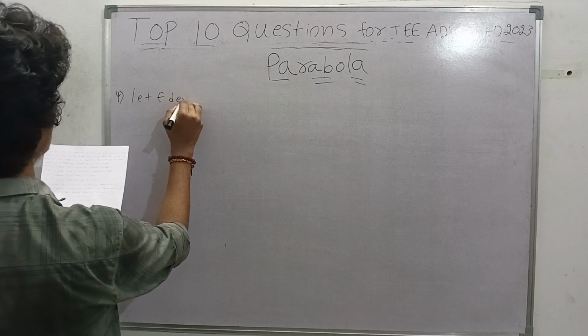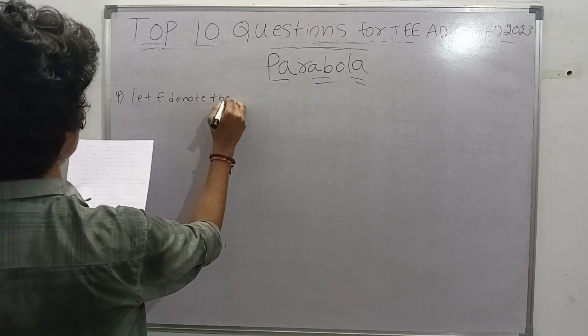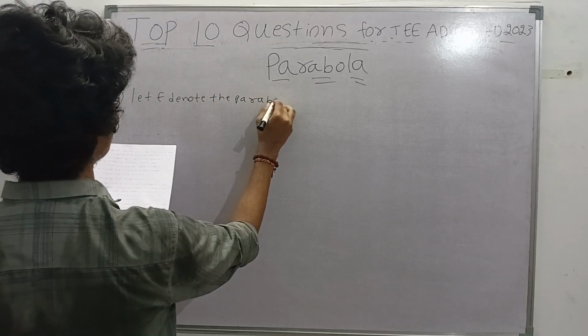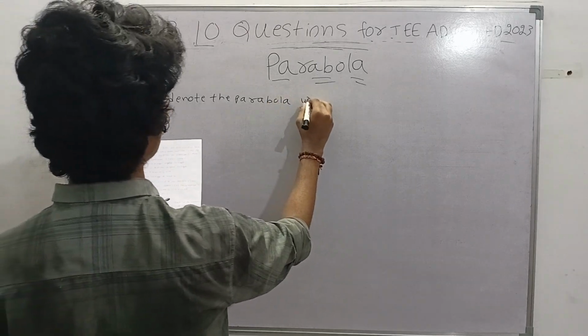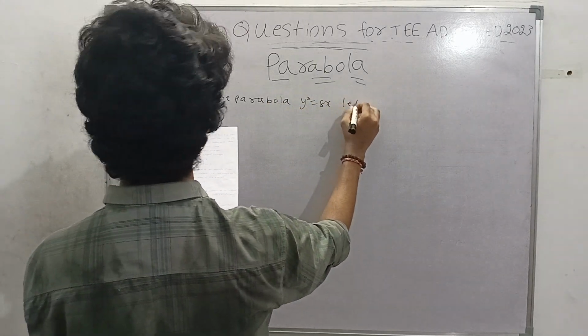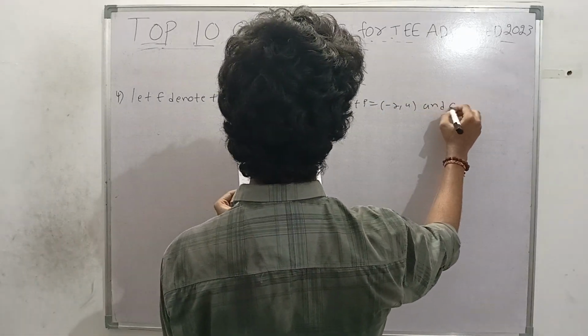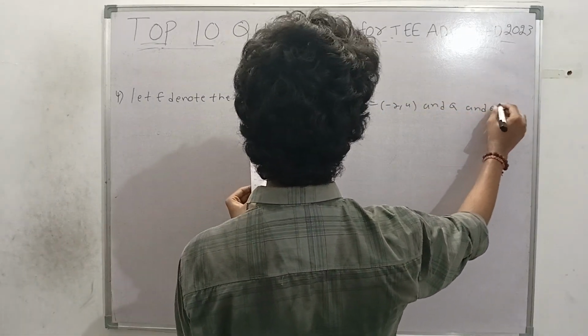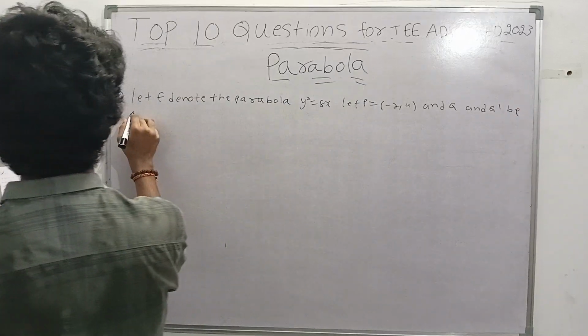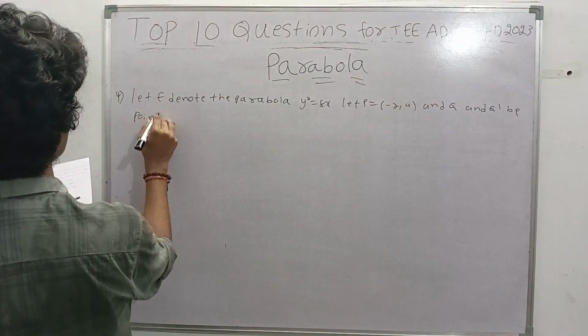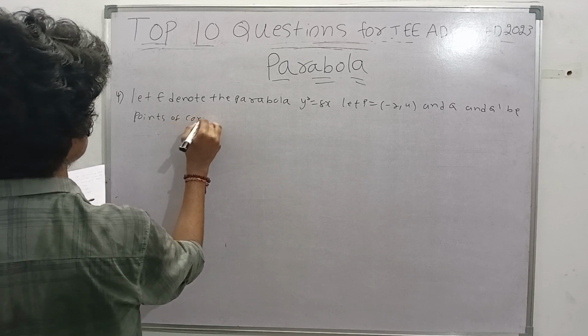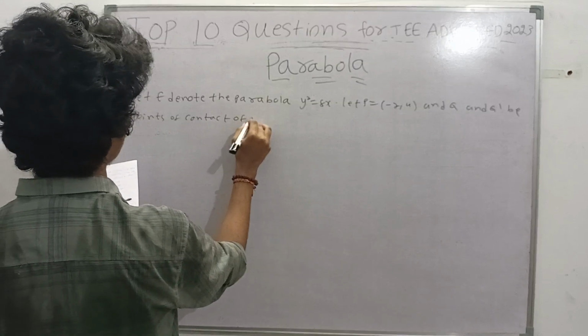Let E denote the parabola y² = 8x. Let P = (-2, 4), and Q and Q' be the points of contact of the parabola.